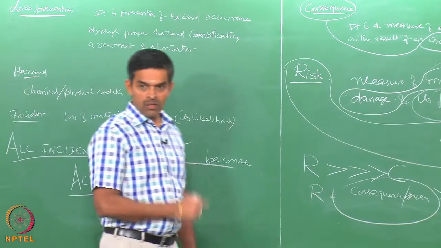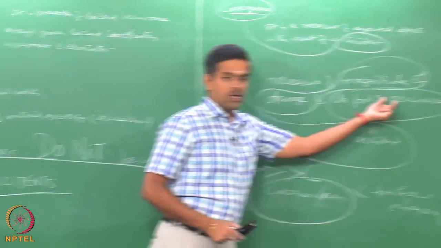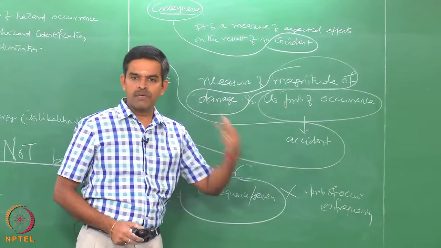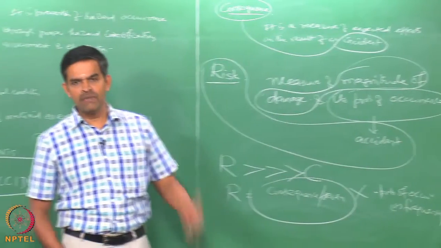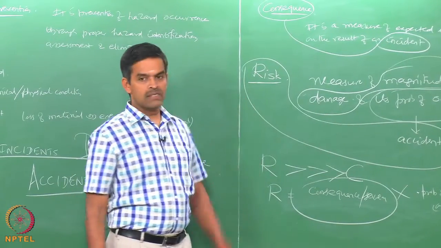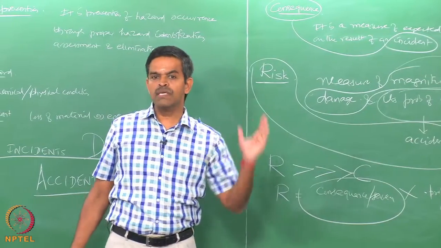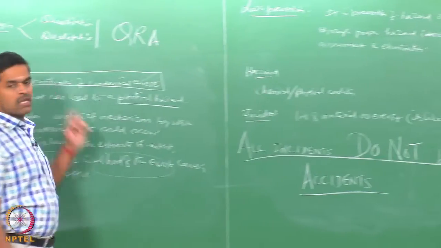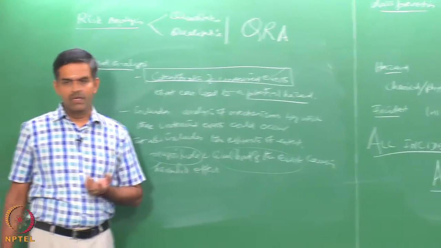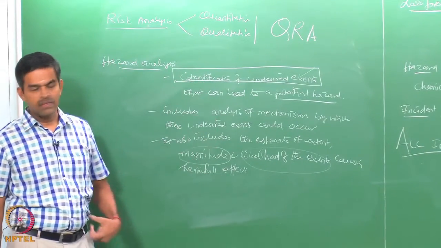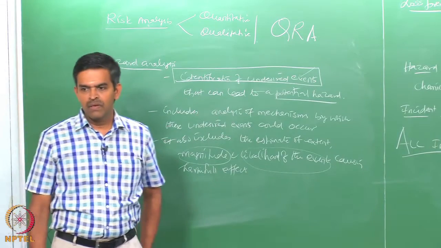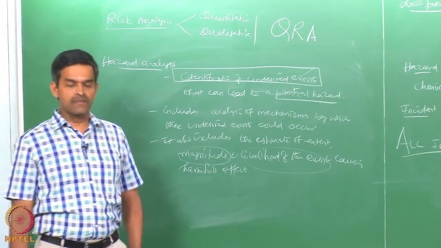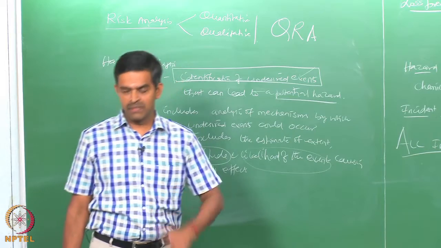Since the damage has been caused, there is a definite frequency of such damages being caused by certain specific events. So, risk analysis is more intrinsically mathematical, whereas hazard analysis is more intrinsically science level. This is a guess, that is a reality. So, one should be interested in risk analysis rather than hazard analysis.